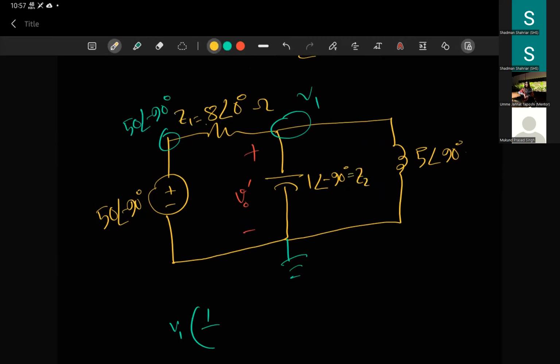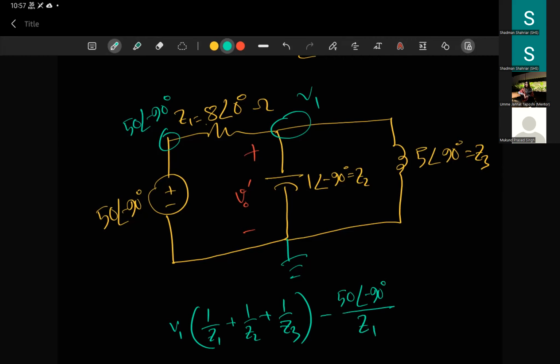If you're trying to solve the problem, impedance is basically like resistance. So V1 times (1/Z1 plus 1/Z2 plus 1/Z3), all of them connected to node 1, then minus the voltage 50 angle -90 degree divided by Z1.